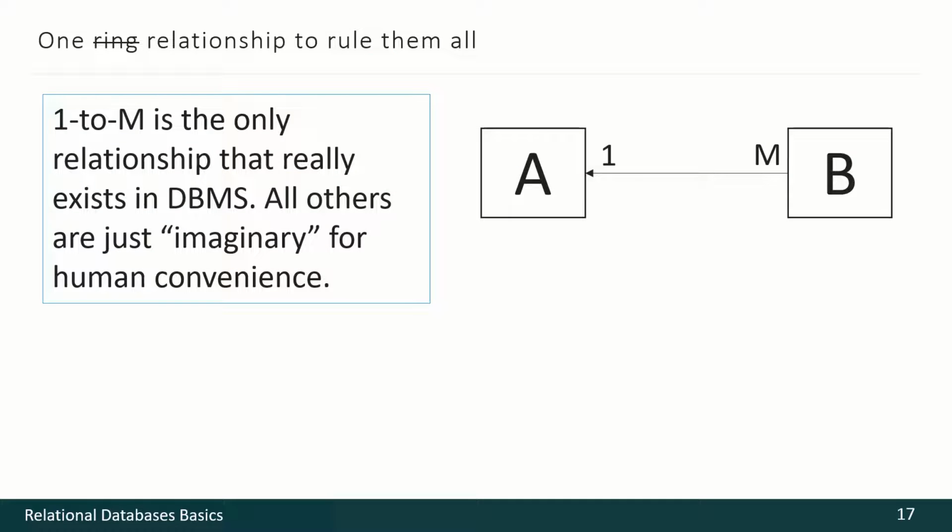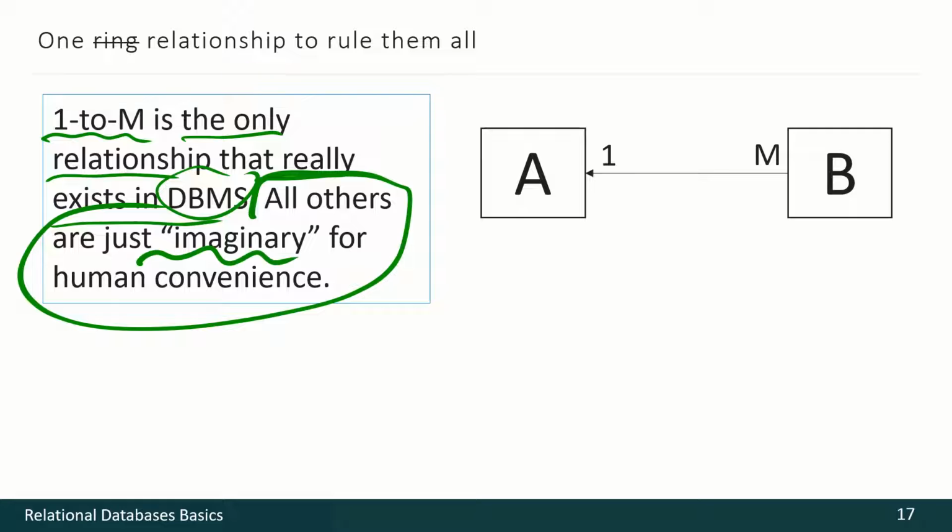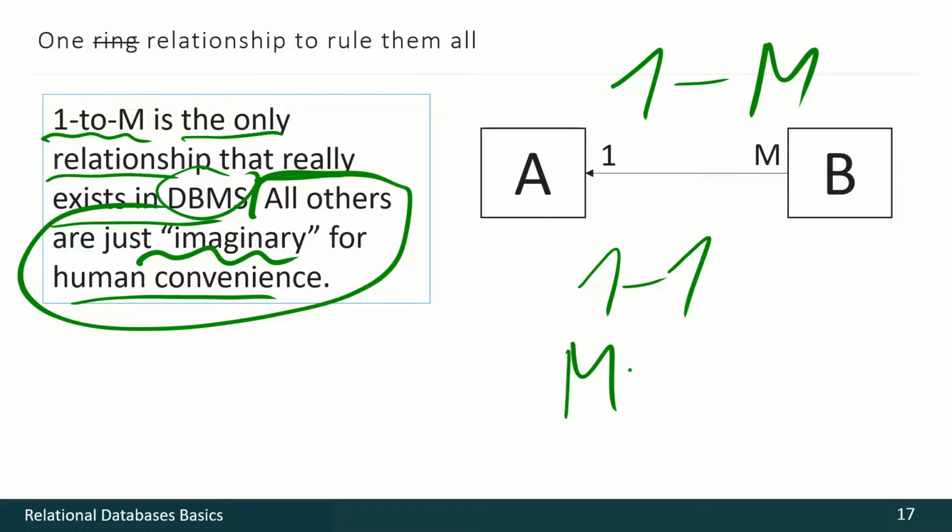But as you've probably understood, one-to-many is the only relationship that really exists in DBMS. All others are really imaginary for human convenience, but DBMS only uses this one-to-many approach to emulate any other types of relationships like one-to-one, many-to-many, or any x to y variants.